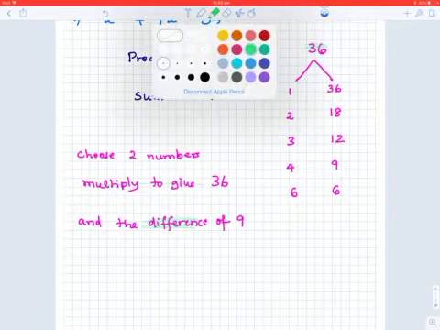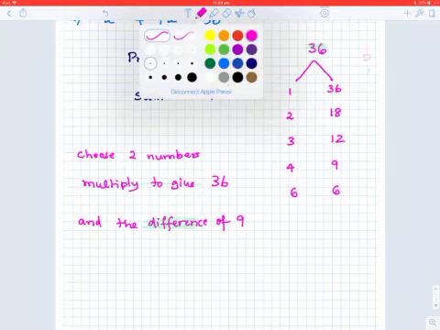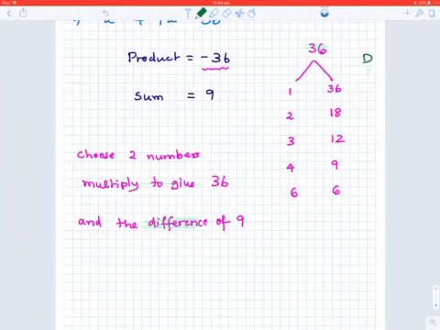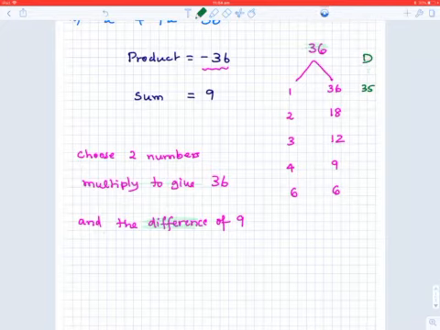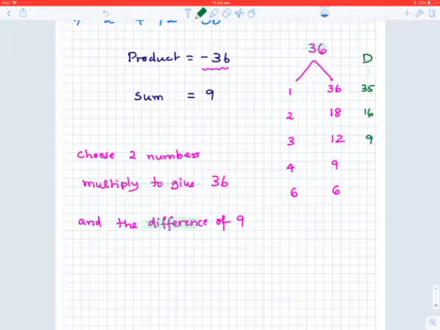So when I put the difference for each pair, the difference means bigger number minus smaller number. 18 take away 2 is 16. 12 take away 3 is 9. 9 take away 4 is 5.